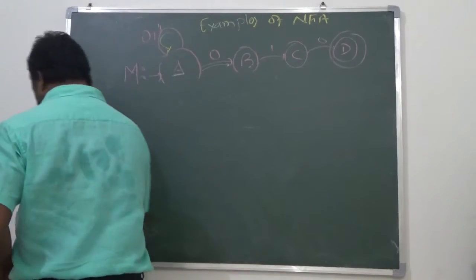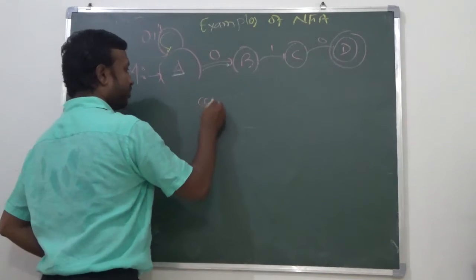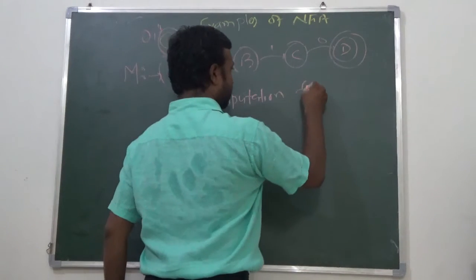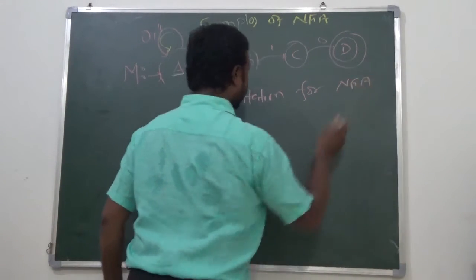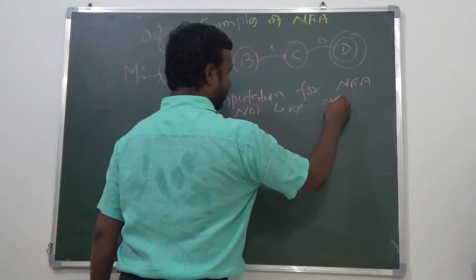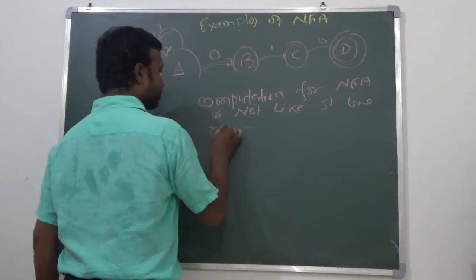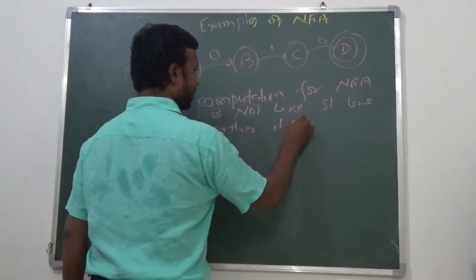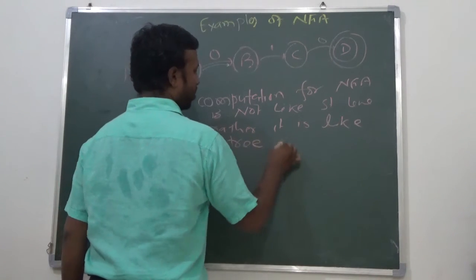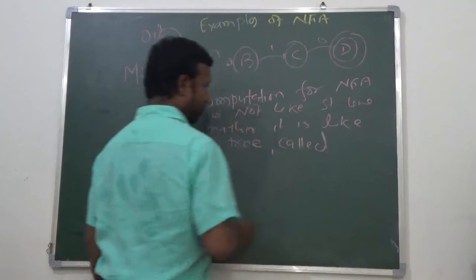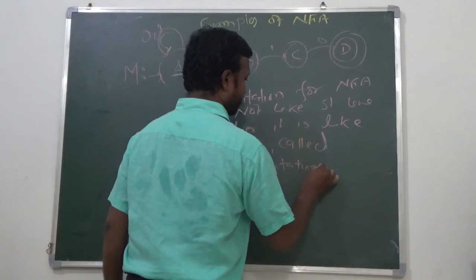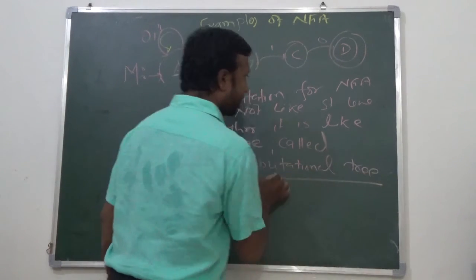So this is what the NFA is. If you look at the computation for NFA, it is not like a straight line, rather it is like a tree called computational tree, right?